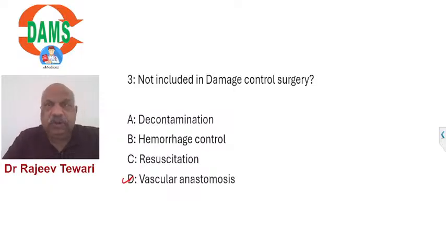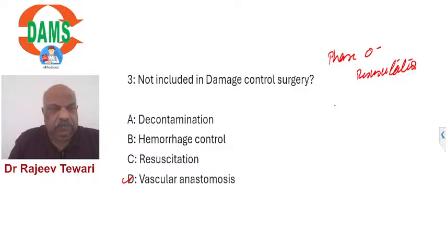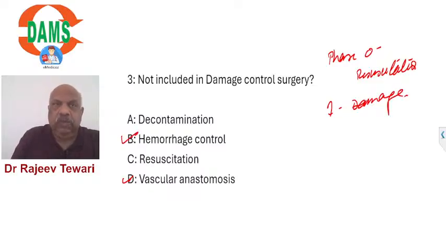The concept of damage control is there are 4 phases here. In phase 0, we have resuscitation. In phase 1, we do damage control, in which you only control hemorrhage, control infection and stabilize the patient in terms of physiology.